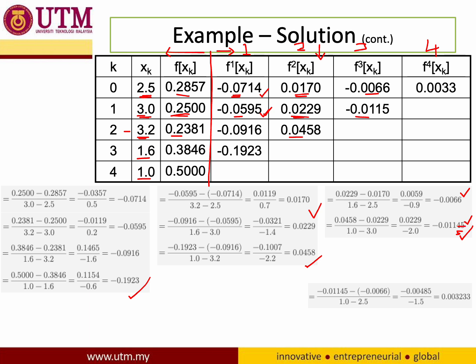So this one, the last one here, this minus this divided by 1.0 minus 2.5. So you get this one, 0.0033. Okay, you can refer to the calculation here if you are quite confused on how to get this value. And it must be populated in this type of way, upwards.